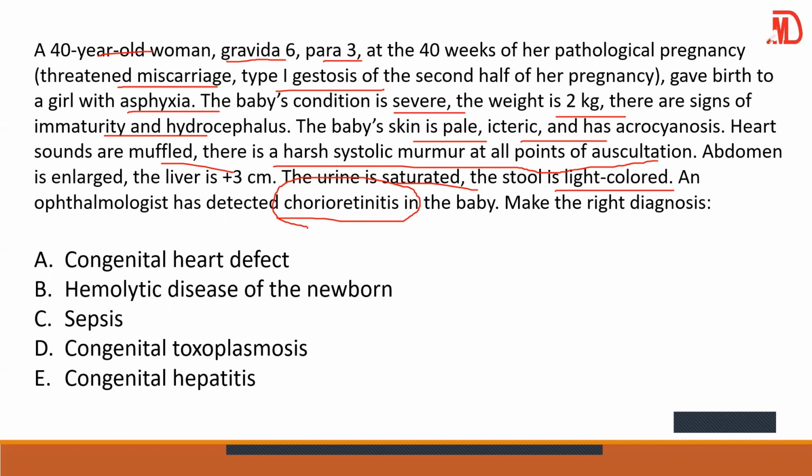Normally, what you're looking out for is toxoplasma and cytomegalovirus or CMV. These are the leading causes of congenital infections associated with chorioretinitis. So over here, since I'm not seeing CMV or cytomegalovirus and I'm seeing toxoplasmosis, definitely that will be my answer. So your answer here is D.